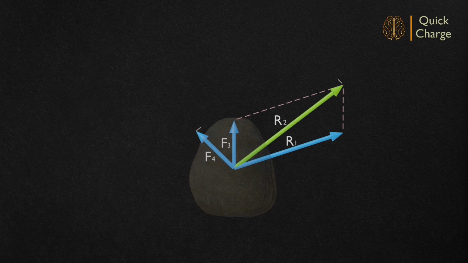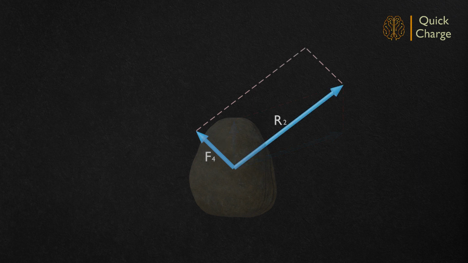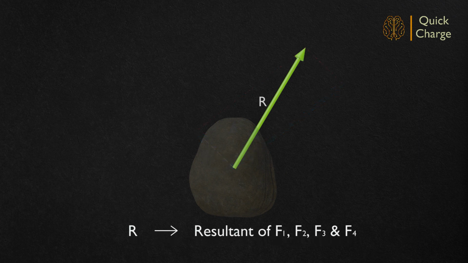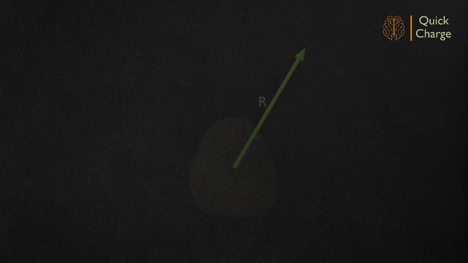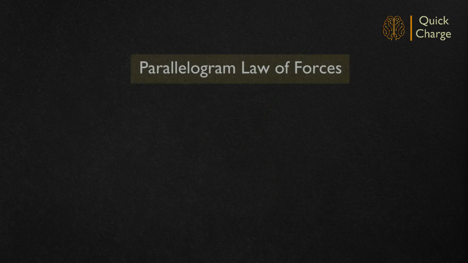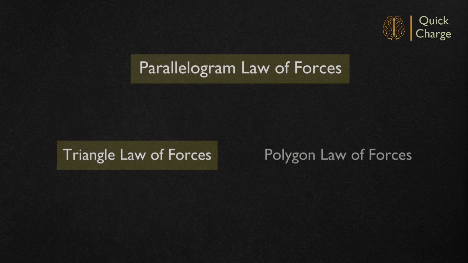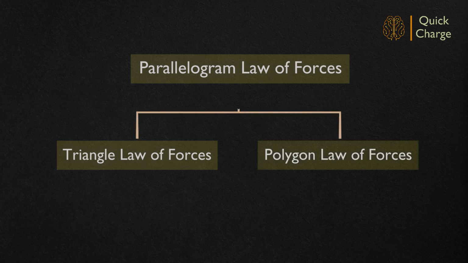In a similar fashion, combine R2 and F4 and establish the final resultant R. R represents the net resultant of F1, F2, F3 and F4. Now we have arrived at the resultant of a concurrent force system using the parallelogram law of forces. The same result can be established using the triangle law of forces as well as the polygon law of forces, which are in fact derived from the fundamental law.